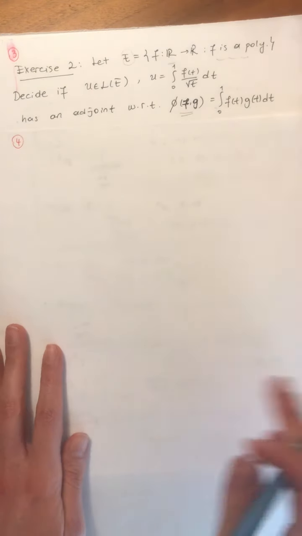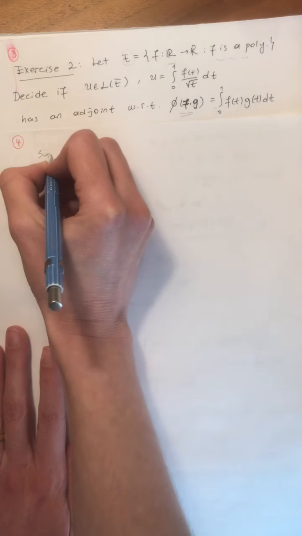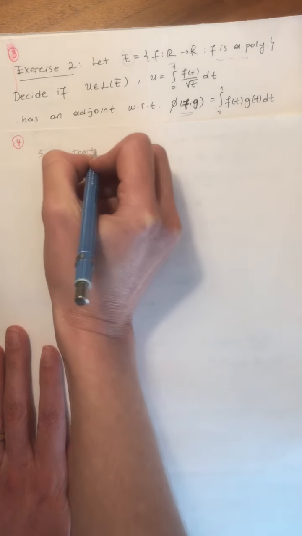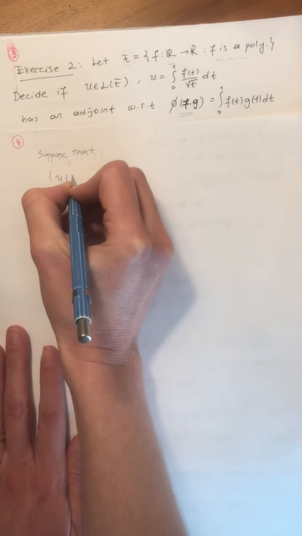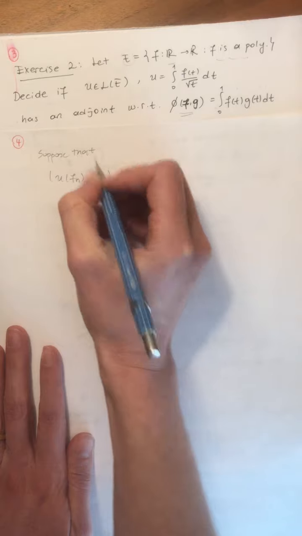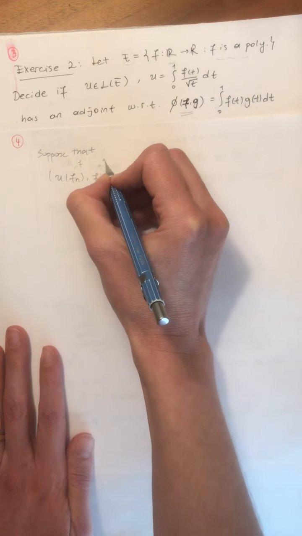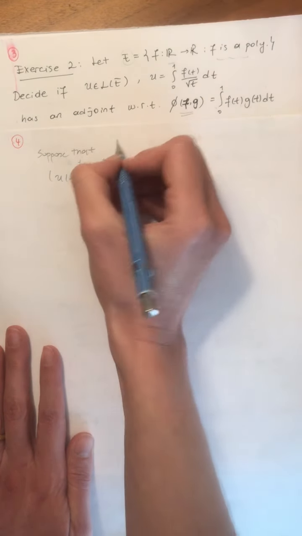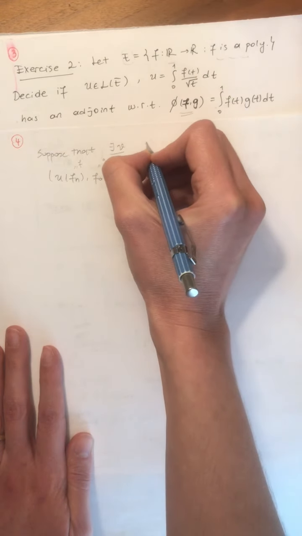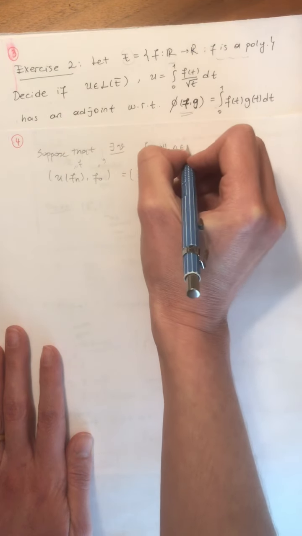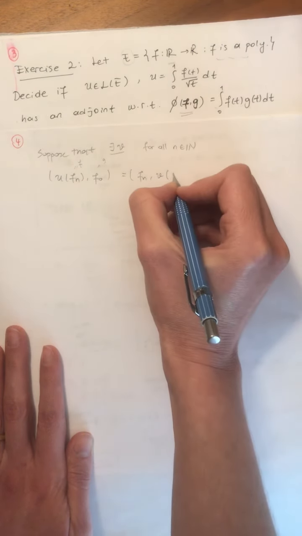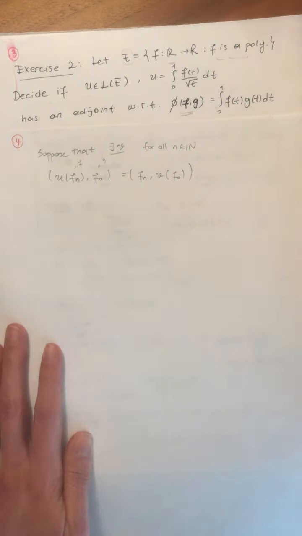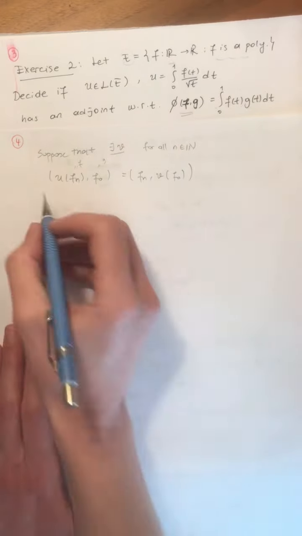And to see this contradiction, again similarly, we suppose that we have this equality, this is F, this is G. Actually, we suppose that there exists V which gives us this equality for all N. Okay, so we make a literal computation.